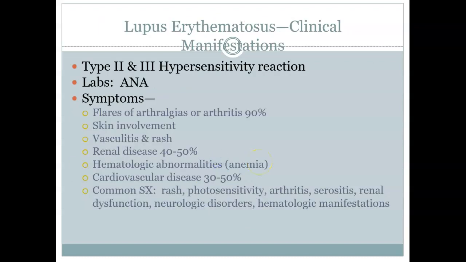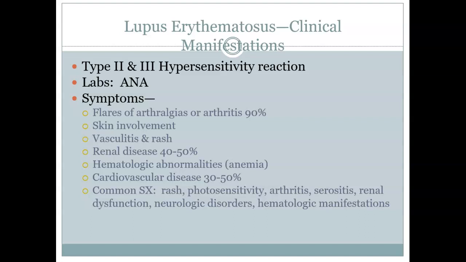So the way it manifests, it's a type 2 and a type 3 hypersensitivity reaction. We'll draw an anti-nuclear antibody lab, and the symptoms that you might see with lupus are flares of joint pain, skin involvement.